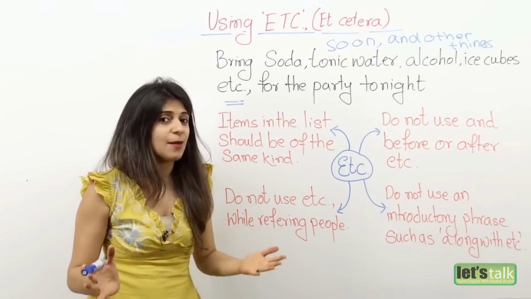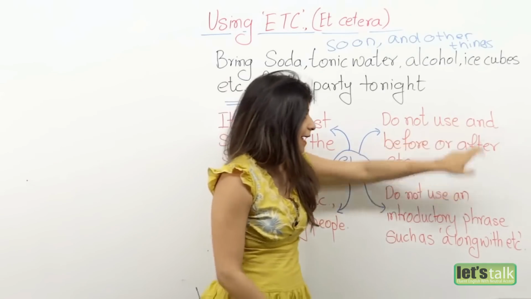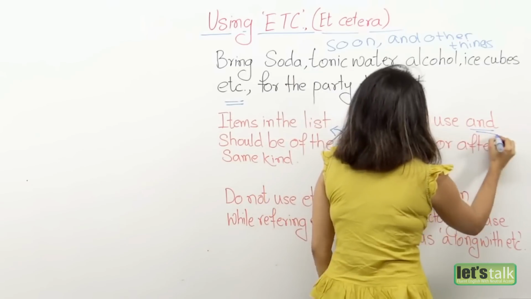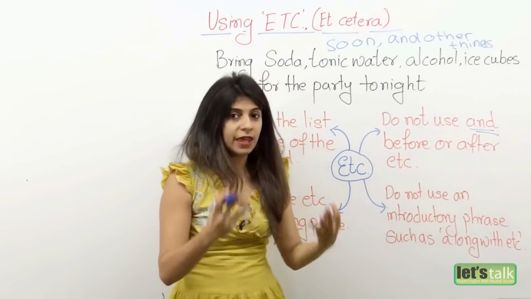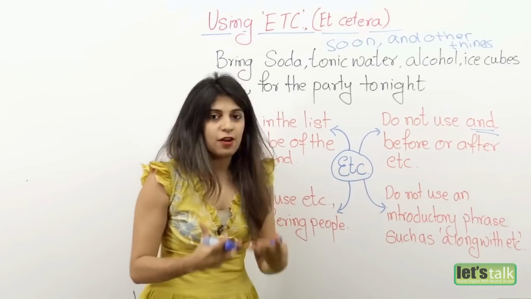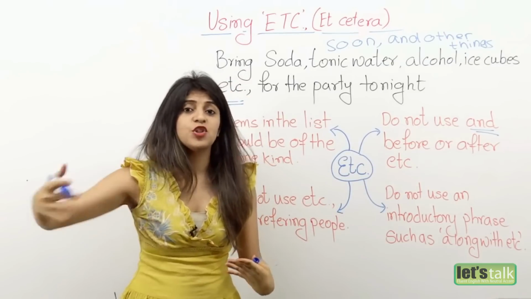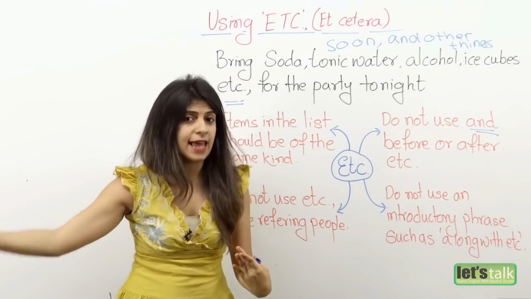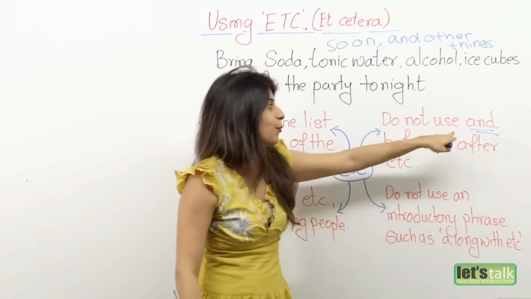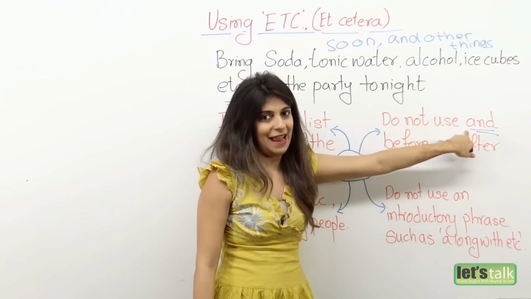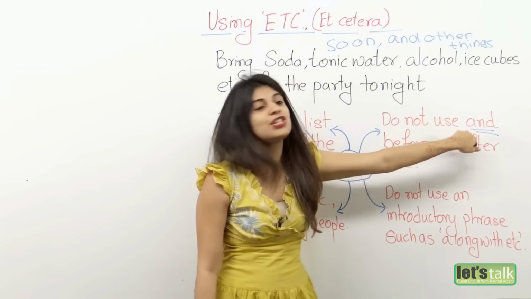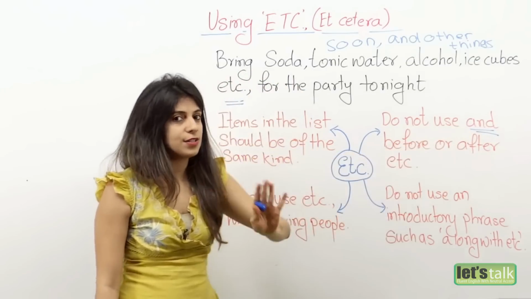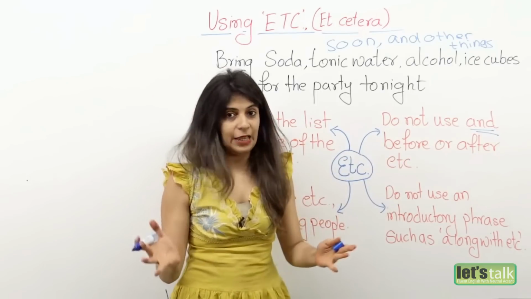We cannot use the word and before or after etc. because the meaning of etc. is and so on and other things, okay? So you would not use the word and. Many people make this mistake while writing. So please, if you're doing that, stop it because it's incorrect.